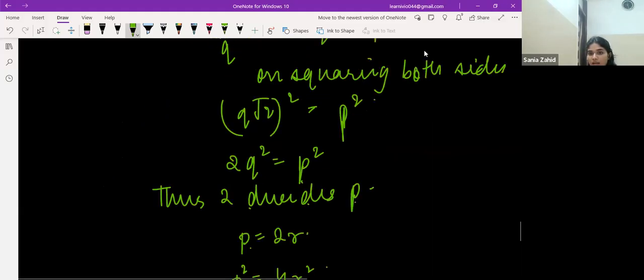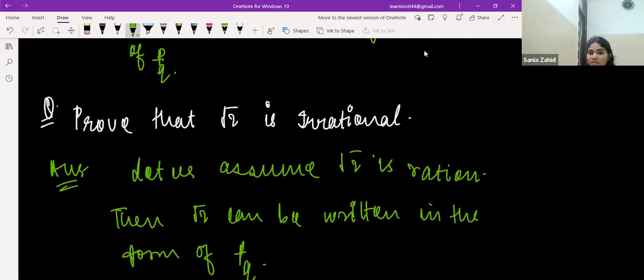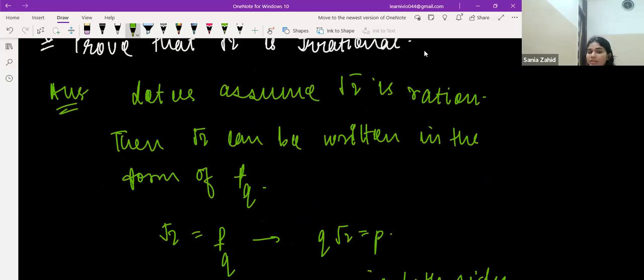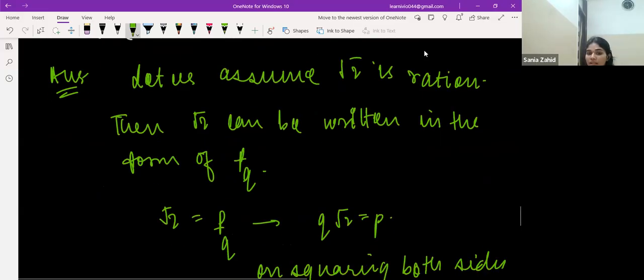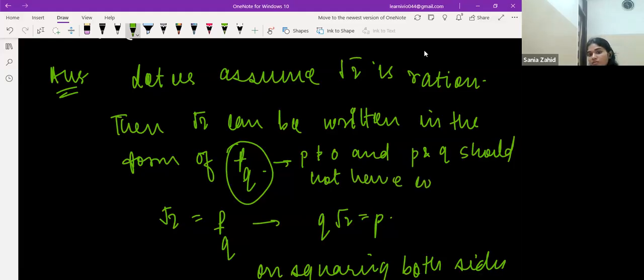Now, what was our assumption? Our assumption was that root 2 is a rational number, where root 2 can be written in the form of p by q. But we know that p by q, here p should not be equal to 0, and p and q should not have common factors. They should not have any common factor, right?